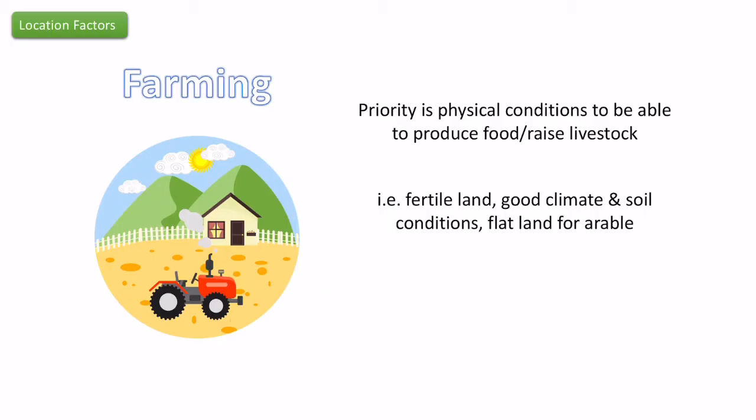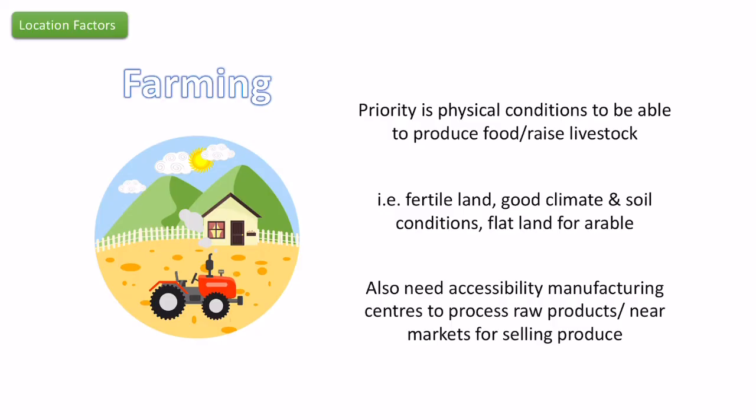Those are the most important location factors. Secondary factors that are also important, but probably not the most important, would be once that raw produce is made, can it be sent off to manufacturing centres to be processed? And are there markets nearby where they can sell those products that they've produced?